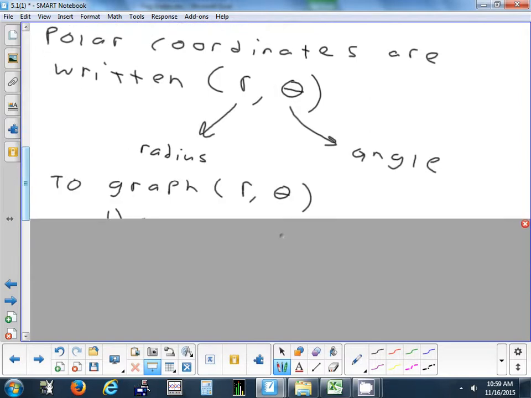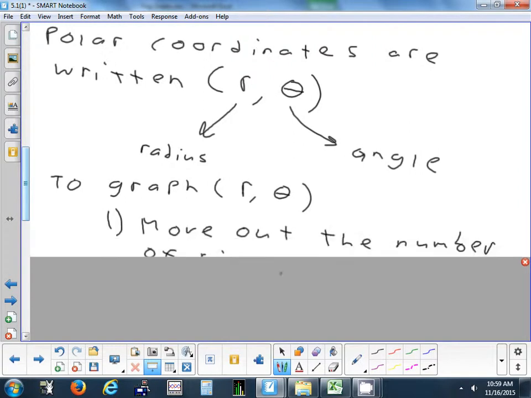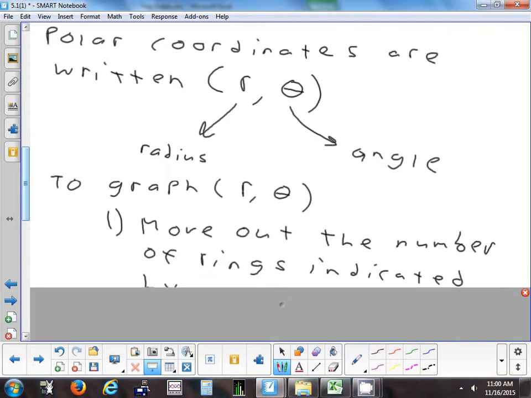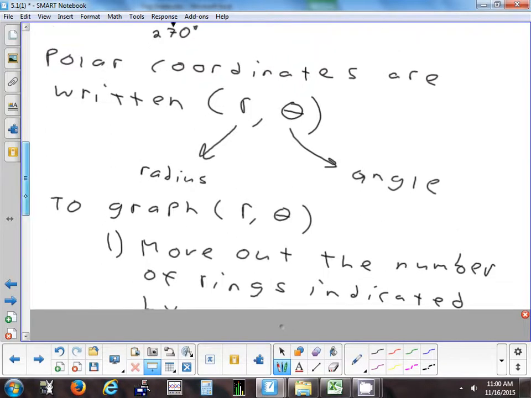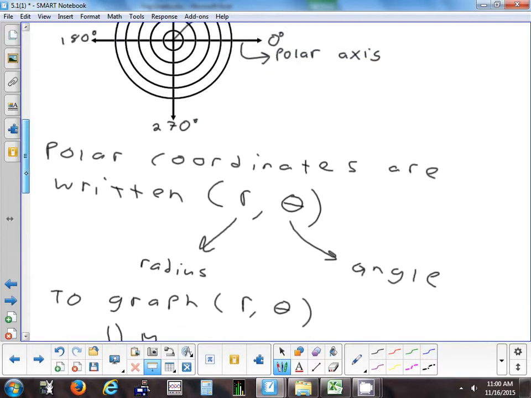All right, so first thing we'll do is just practice. If I give you a coordinate, how do you graph it? The first thing you do is look at r, and you move out the number of rings indicated by r. As you're moving out, there's two directions you can move from the center.